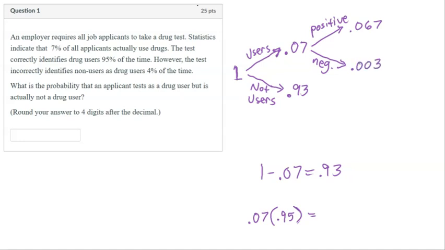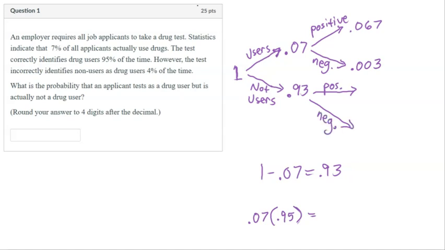It's important to understand, as we've done a couple times now, that these two numbers have to add up to this number, and these two numbers have to add up to this number. So 0.93 plus 0.07 is 1, and 0.067 plus 0.003 equals 0.07. Now we'll come down here to the not users. We'll make this one testing positive, and down here testing negative.